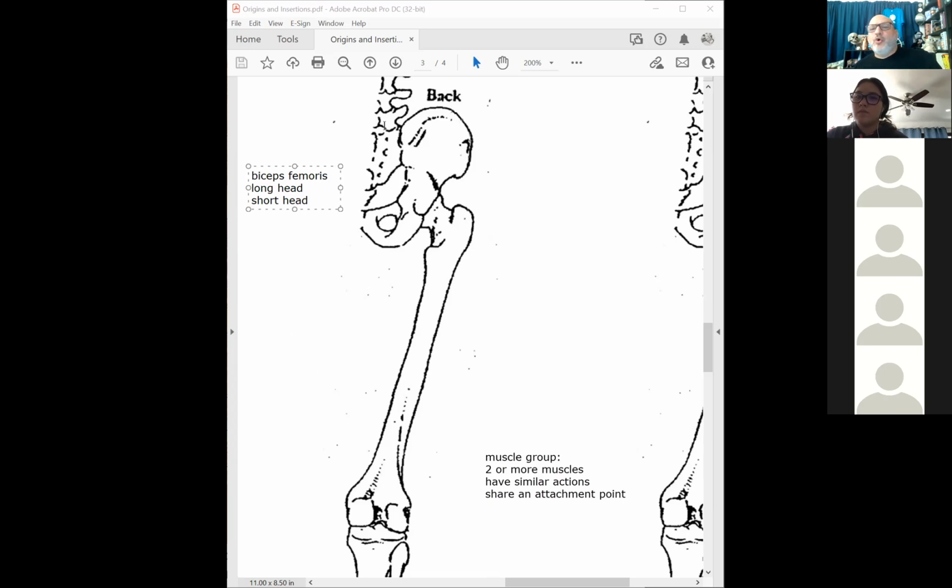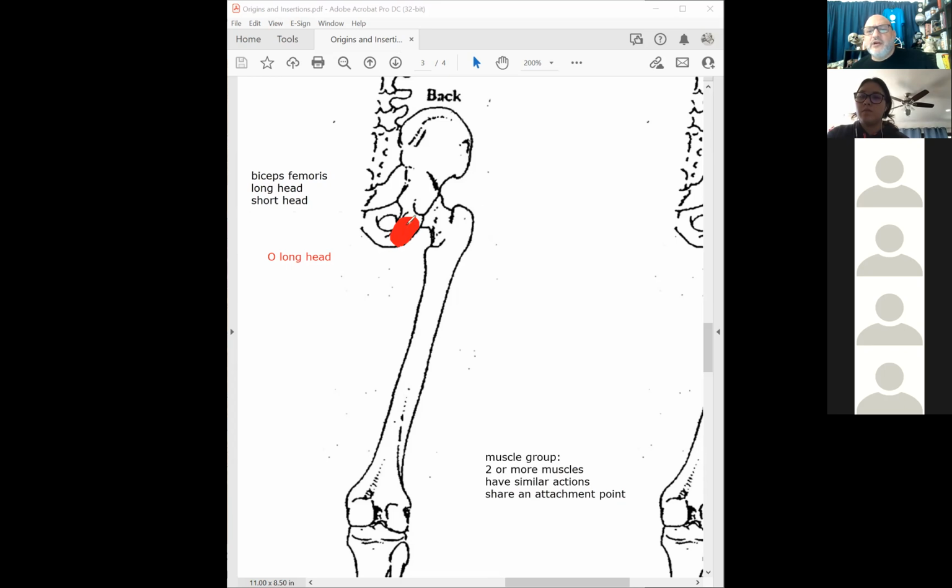What is the origin for the long head? The ischial tuberosity. Excellent. The origin of the long head is the ischial tuberosity, your butt bone, right? That's what we sit on, holds our weight.